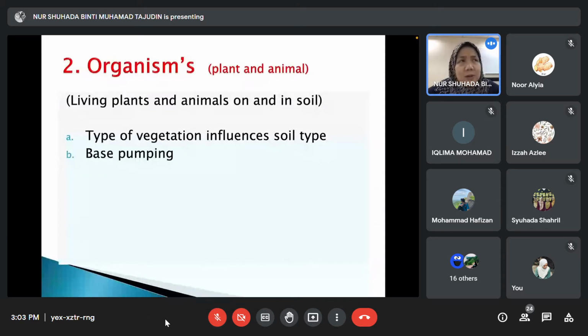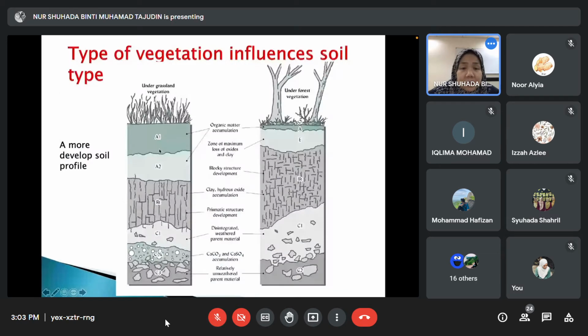When there is forest, this is the type of vegetation that influences the soil type. When there is forest, you can see that the organic matter accumulation is little. When grassland, you can see the A or organic matter layers are thicker. Okay, why?